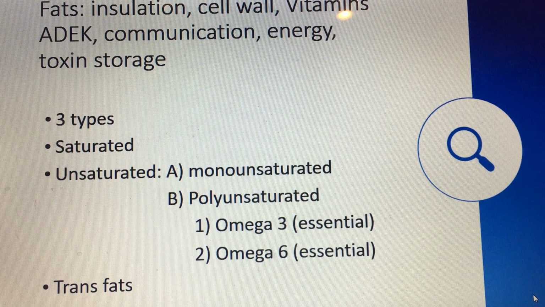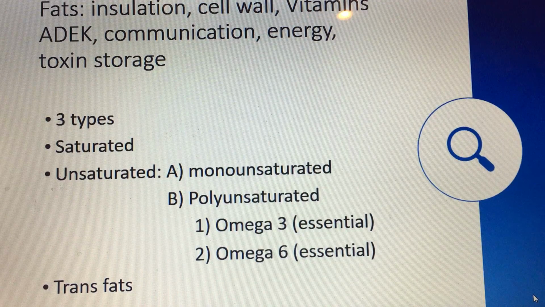There are three basic types of fats: saturated, unsaturated, and trans fats. Now, trans fats, hopefully you know by now that those are not good for you at all. They're trying to eliminate those, but trans fats are produced by man. They're produced in chemical factories and food processing plants, and they are not good.